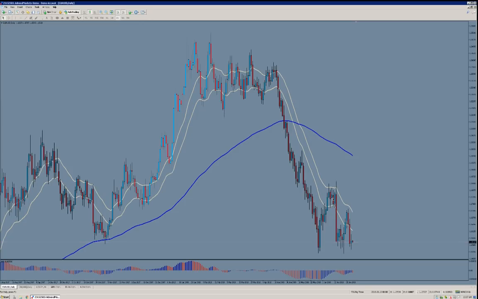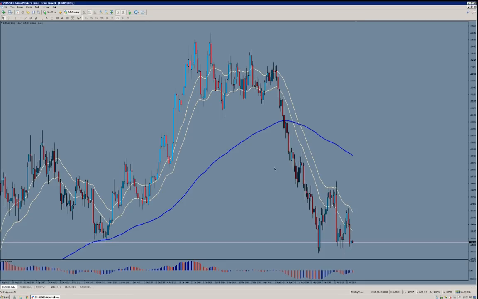Other than that, it's really just simply different averages of price value that these different moving averages are mapping. And you can consider that price is at a fair value, so-called fair value, when price is near the moving averages.